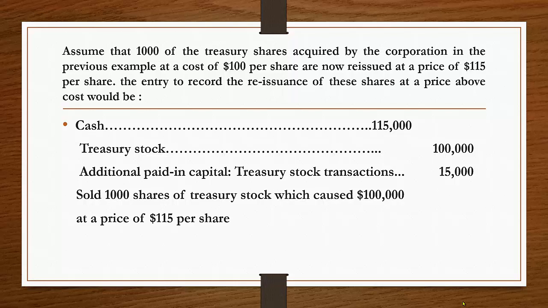So when 15 is multiplied by 1,000, it will give us 15,000. So whenever we need to record an entry comprised of selling treasury stock at a higher price than cost, we need to record the entry this way, the way you can see on your screen.